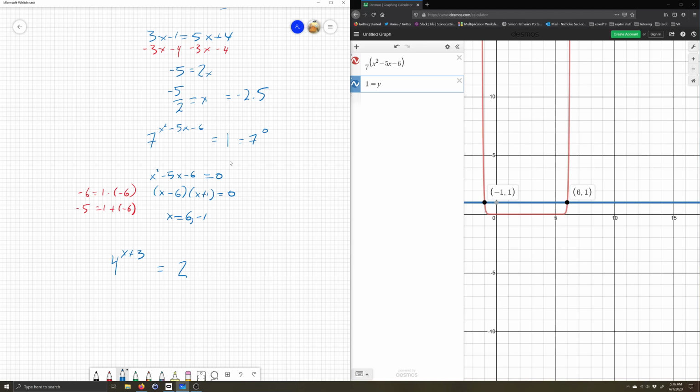I could rewrite this as 2 to the second to the x plus 3 equals 2 to the first. And then that's 2 to the 2 times x plus 3 equals 2 to the first. And so then this just becomes 2 times x plus 3 is 1. So 2x plus 6 is 1, because you distribute the 2. 2x is negative 5, and whoa, negative 2.5 again. All right, that's weird.